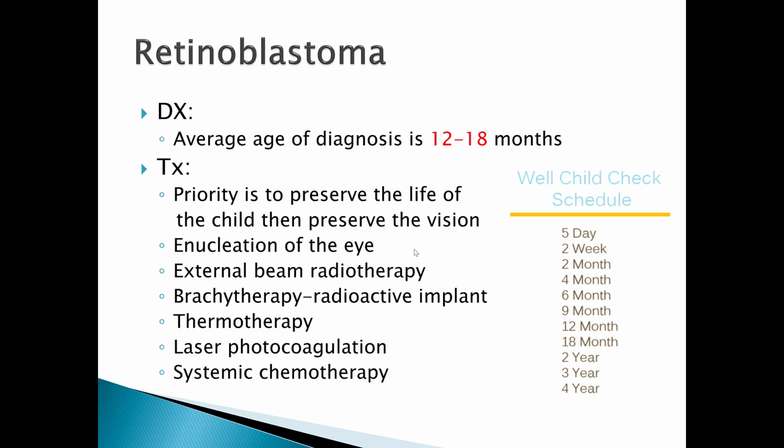So by the time they get to their 12-month exam, they've been seen at least 7 times by a pediatrician. So my question is, if we are really getting red reflexes, why is it that these kids are getting diagnosed between 12 and 18 months?